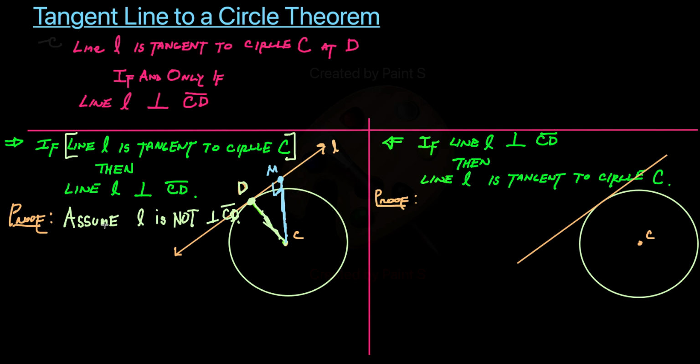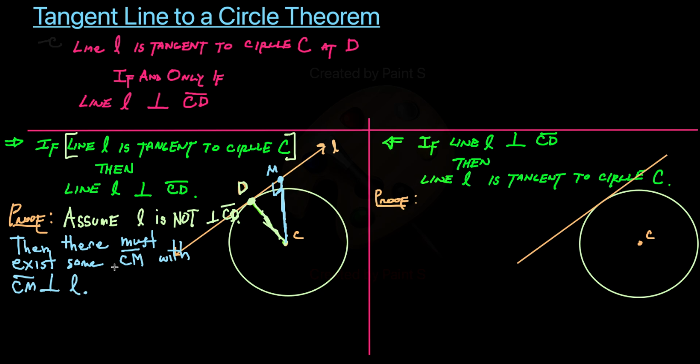So if we assume L is not perpendicular to CD, then there must exist some CM with CM perpendicular to L. Now let's start remembering: we know for a fact that line L is tangent to circle C. What does tangent mean?